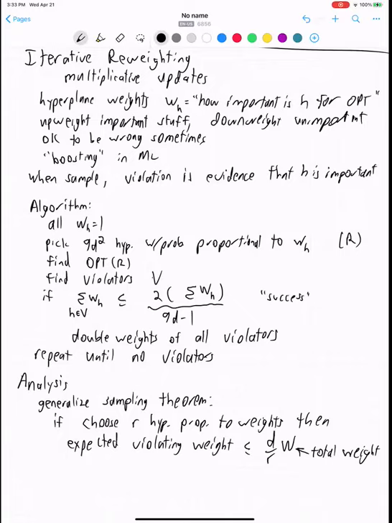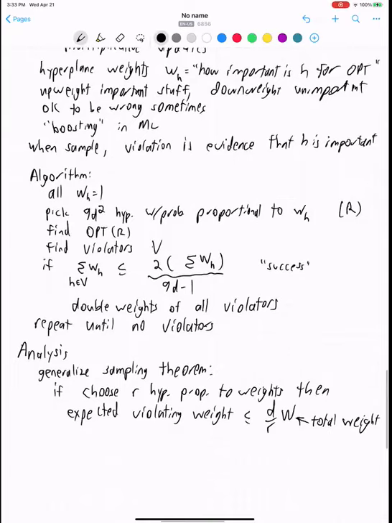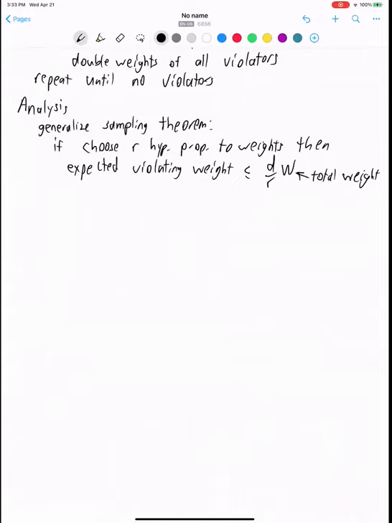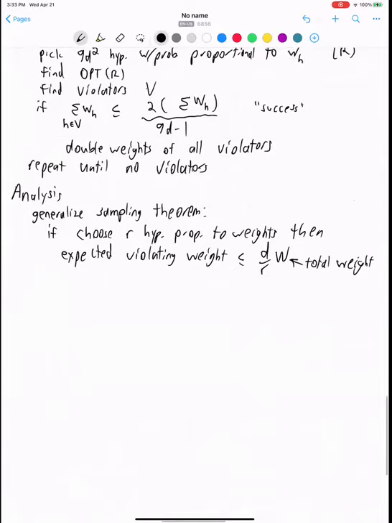You just imagine that a weight of 4 represents 4 copies of the same hyperplane, and so now your number of hyperplanes is just the total weight. So let's take that result as given: this is a bound on the expected number of violators.